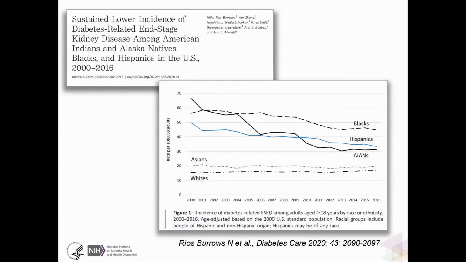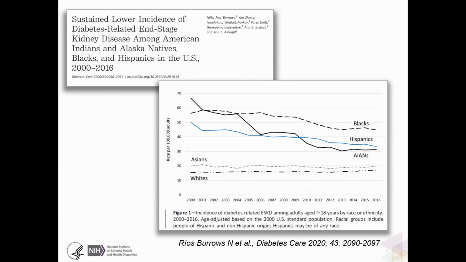This example is actually more of a positive outlook. In this example is an analysis over time on the incidence of diabetes-related end-stage renal disease in the US. And the authors used data from a US registry and data set on kidney disease.